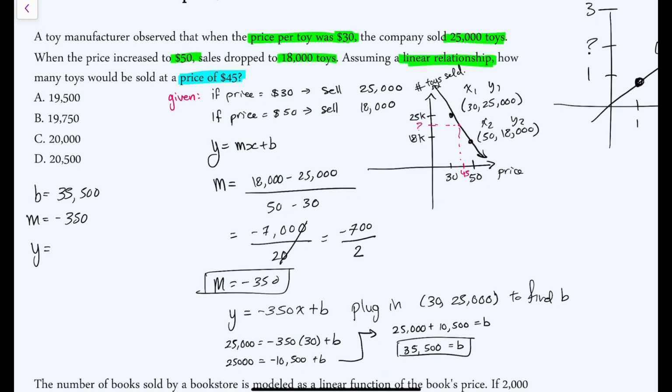Our equation is y is equal to negative 350 x plus 35,500. And then remember that the question said, if the price is $45, what is our y? Number of toys sold. So we say, okay, y is equal to negative 350 times 45 plus 35,500.